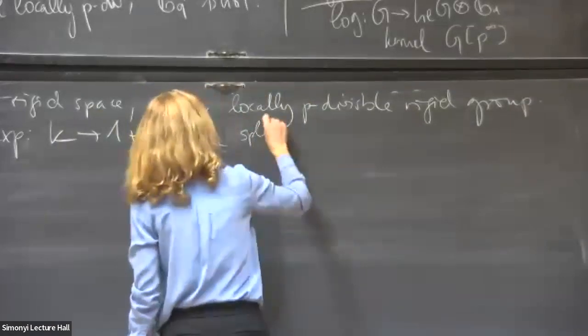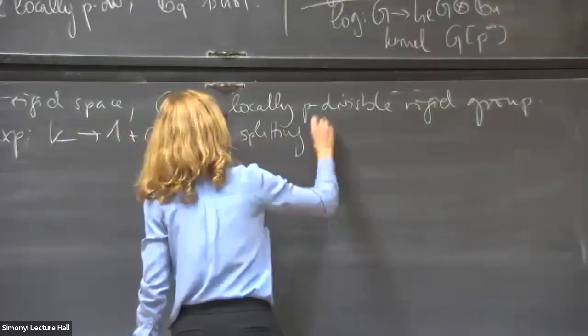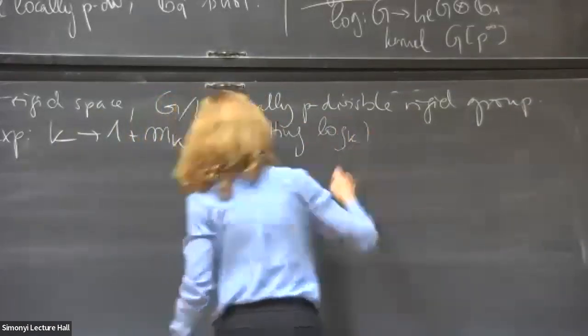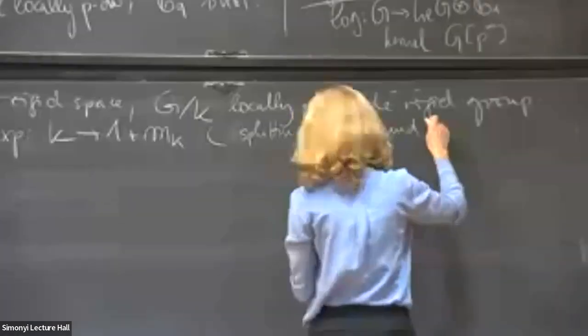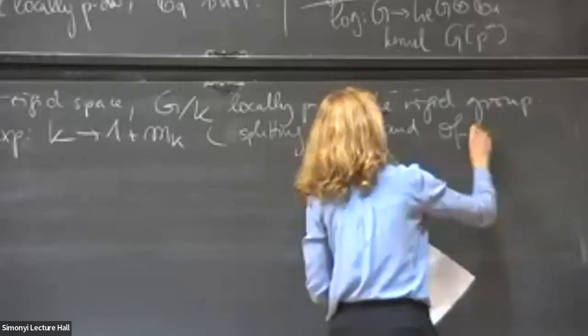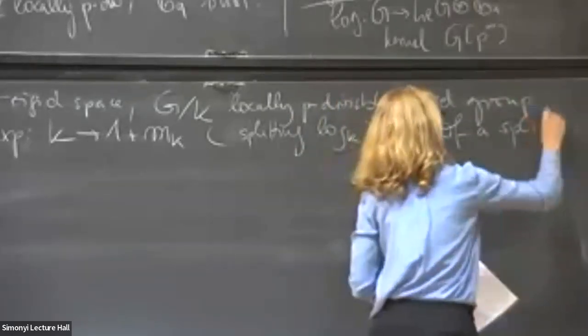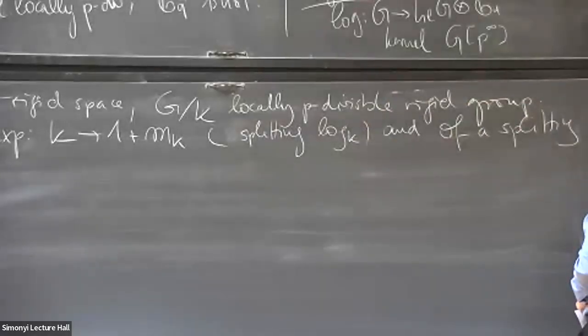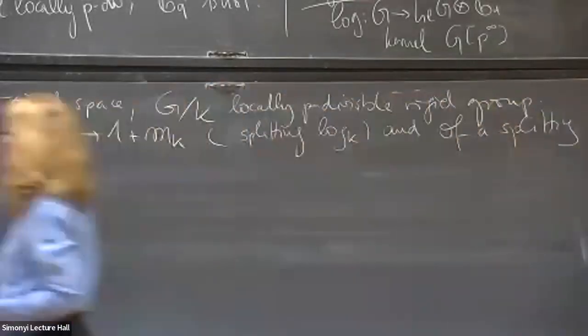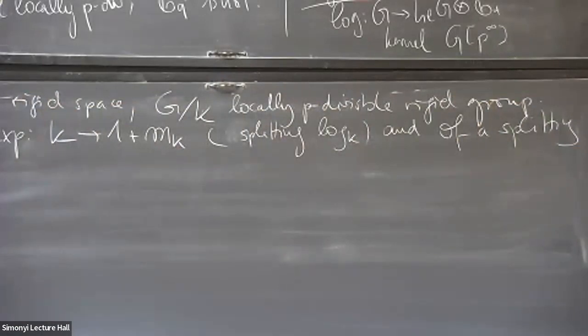Splitting the map. And so this is one choice, and choices of a splitting of the Hodge-Tate sequence, which is here. Hodge-Tate.